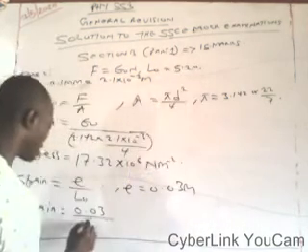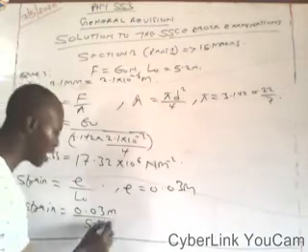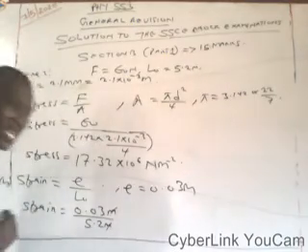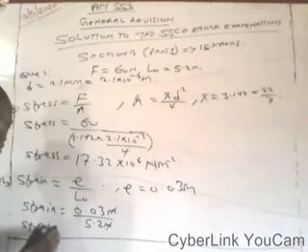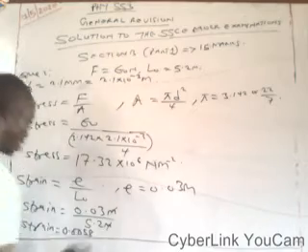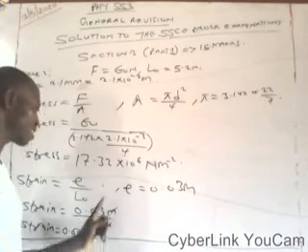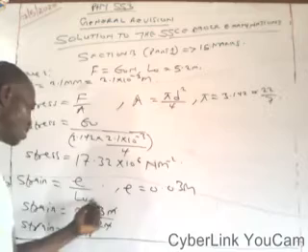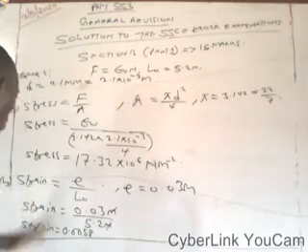The original length is 5.2 meters, and this one is meters, so meter and meter will cancel. So our final answer for the strain is 0.0058. Strain has no unit because the extension is in meters and the original length is also in meters, so the two units cancel out.